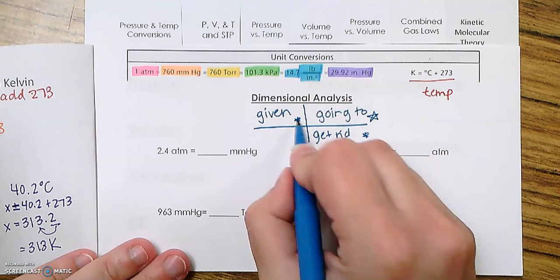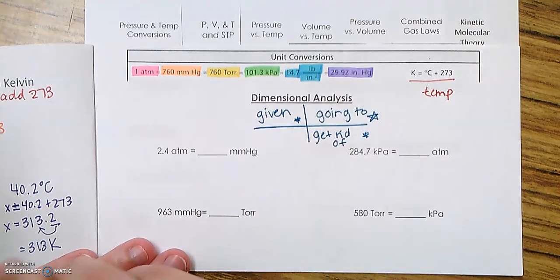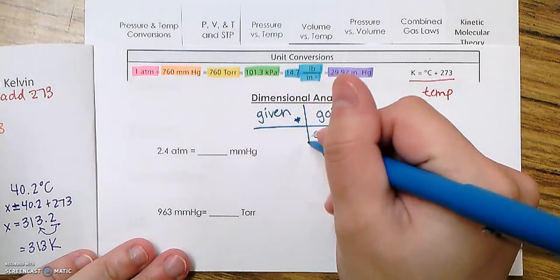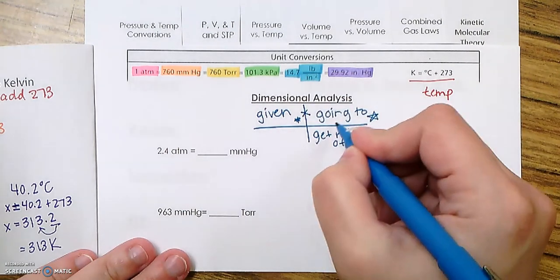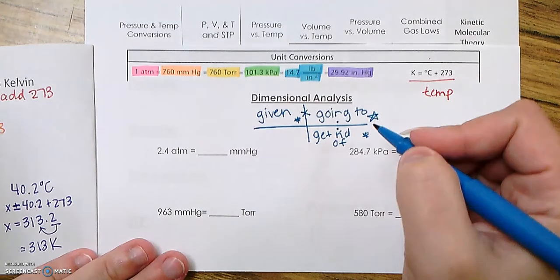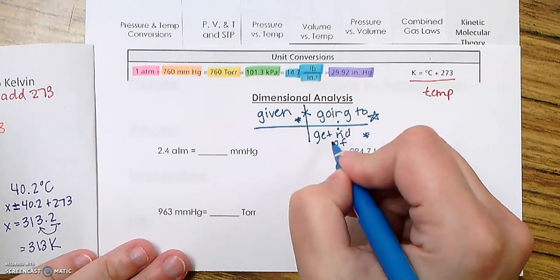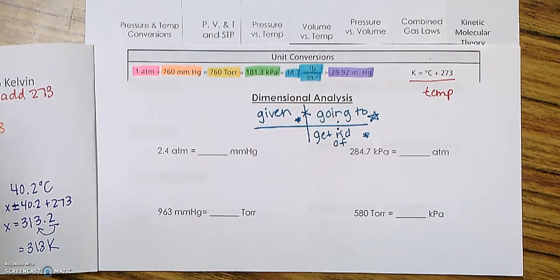When I have a vertical line, that's telling me to multiply. When I have a horizontal line, that's telling me to divide. So multiply across, divide down. Let's go ahead and look at some problems and see how this works.